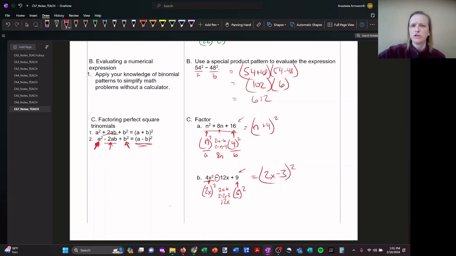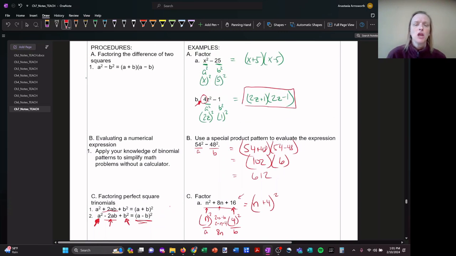One super important thing to note here. Notice that there is no special pattern that gives you a squared plus b squared as your answer. This is not factorable using any special pattern.